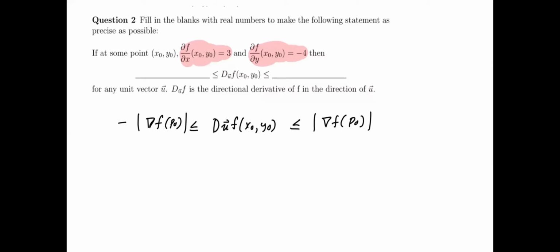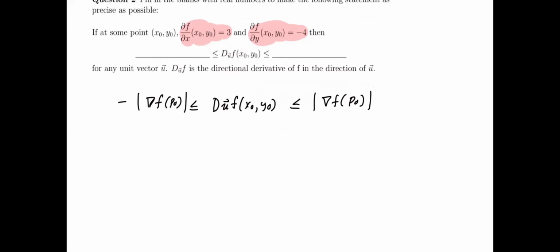So if you need to review this concept, go ahead and review the directional derivative section. You should be able to pull out this information. Now, how do we compute the gradient of a function of two variables since we're only given partials with respect to x and y? So note that the gradient of f at some point P0, in this case we're given x0, y0, so those are the coordinates.